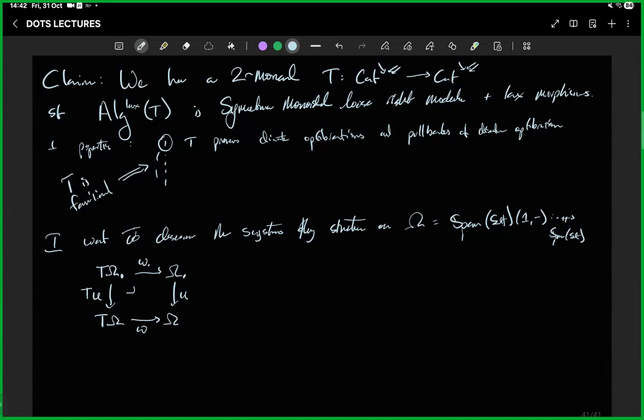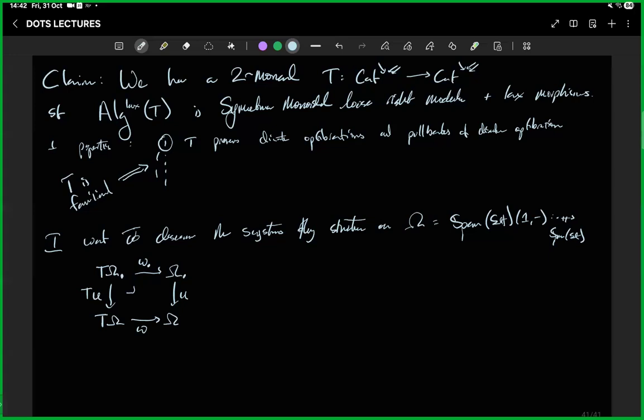And this I'll call Omega dot. It is also true that because U is a discrete opfibration, if I show that Omega is an algebra, Omega dot will also be an algebra. We can just pull back the equations up to Omega dot. Okay. What is omega?